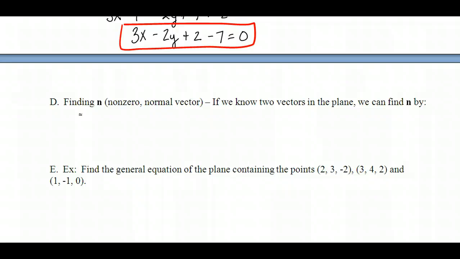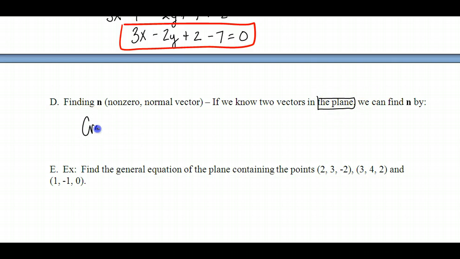So using our cross product, we can do this. What has to happen though is we have to know two vectors in the plane, and they have to be in the same plane. Your two vectors have to be on that plane, because remember we said that the cross product was orthogonal to both of them. So to guarantee that this new vector is normal to the plane, the two vectors have to be in the plane.